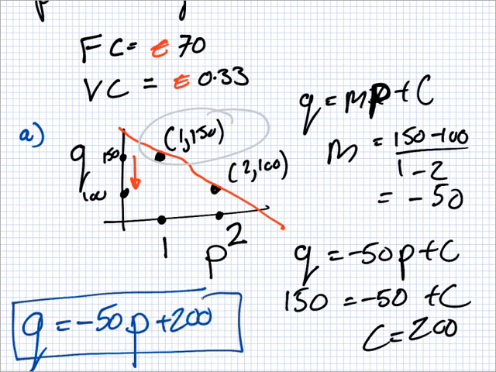So let's test this out. The coffee shop decides to set the price to be €1. If I put €1 in here, how many do we sell? 150. Okay, that's fine. If I put in €2, how many do I sell? 100. What about if I put in €3? 50.